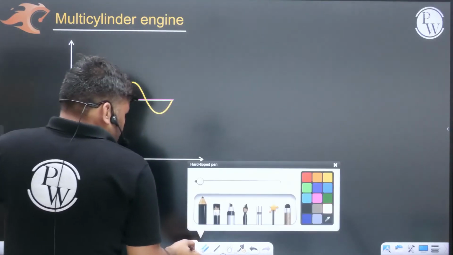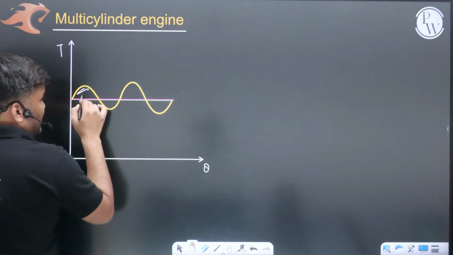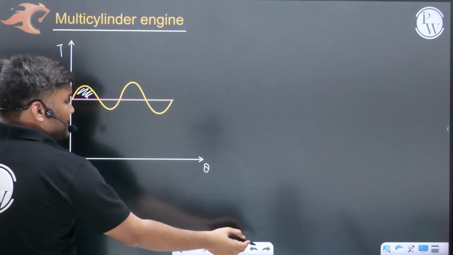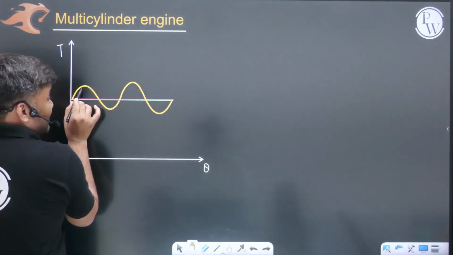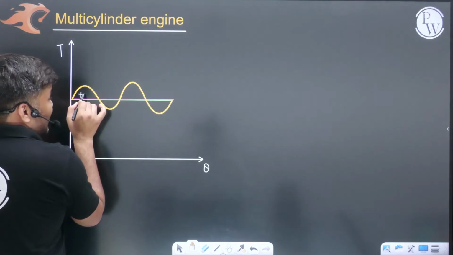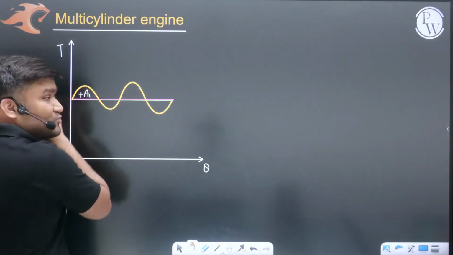So this is torque, this is theta. These energies will be given, in terms of areas. Sir, here the available torque is higher, so the flywheel will absorb this much amount of energy. The flywheel will absorb this energy, area A1.